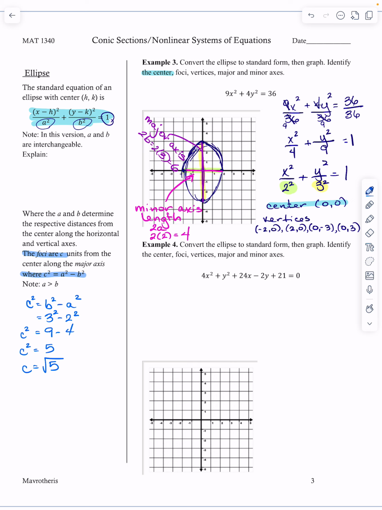So our foci are always on the major axis. Here's one focus, 0, square root of 5. Here's our other focus, 0, negative square root of 5.